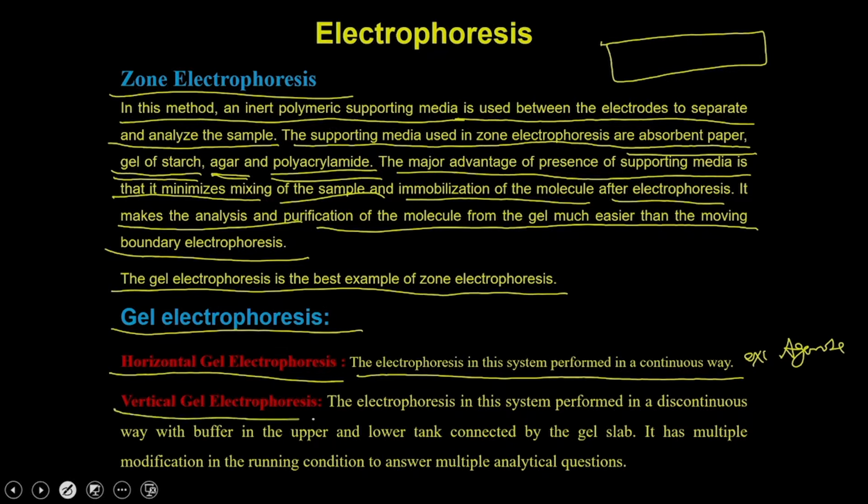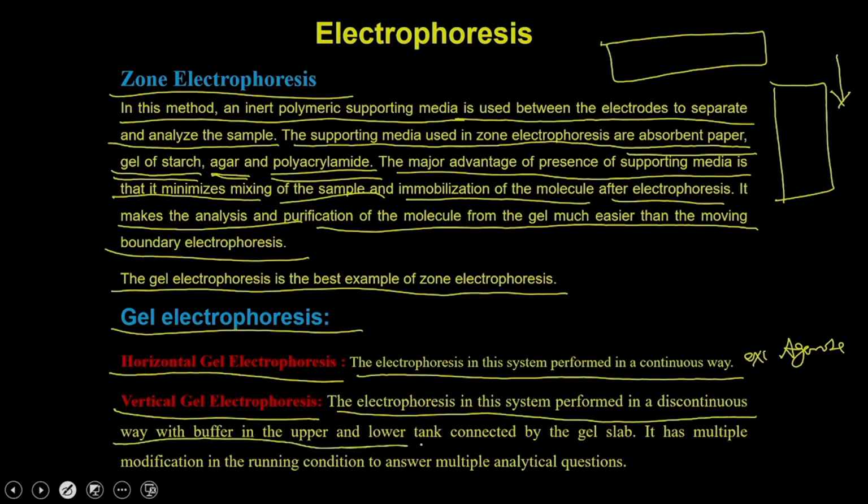Then you have vertical gel electrophoresis. In vertical gel electrophoresis you are performing the electrophoresis from top to bottom. The electrophoresis in this system is performed in a discontinuous way, with the buffer in the upper and lower tanks connected by the gel slab. It has multiple modifications in the running conditions to answer multiple analytical questions.